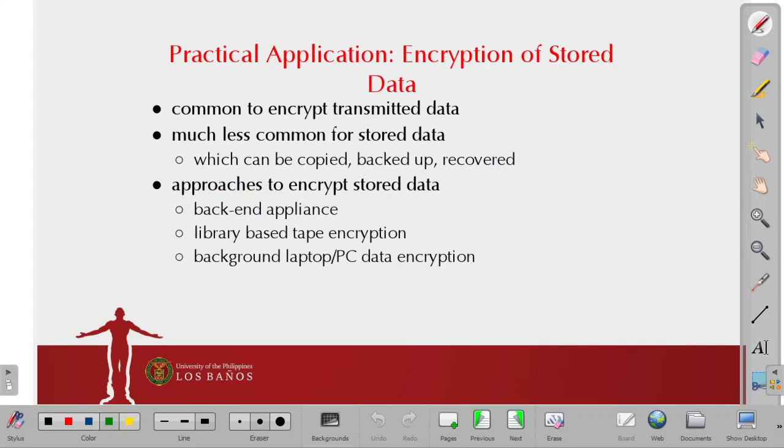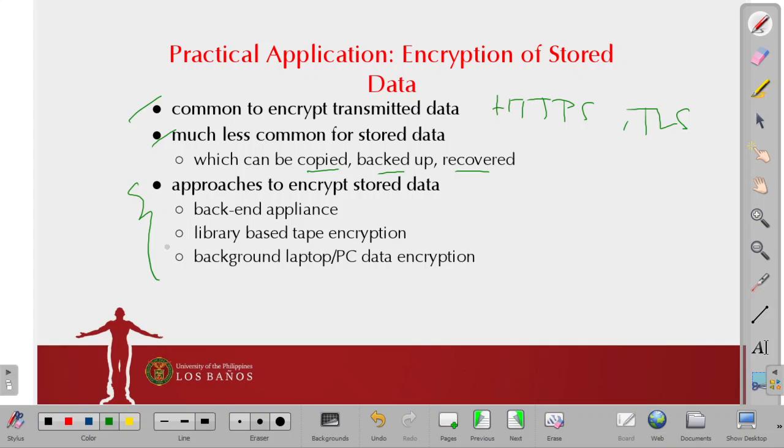Practical applications of encryption. So it's commonly used to encrypt transmitted data. So we have HTTPS, which uses TLS. Okay. Much less common for stored data, which is copied, backed up, and recovered. And we have different approaches to encrypt stored data.